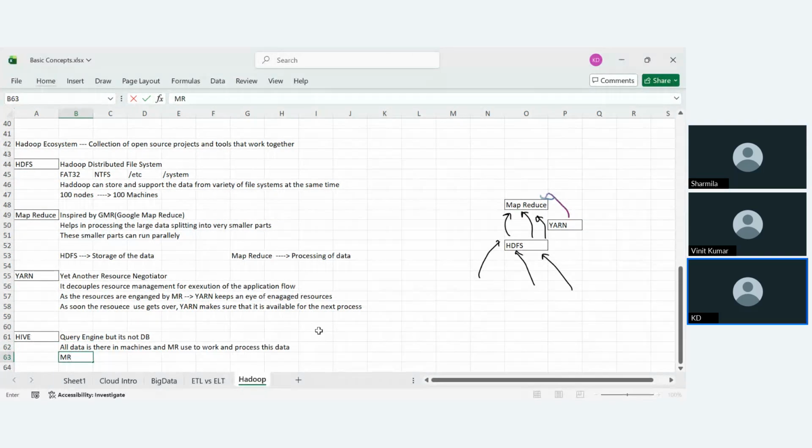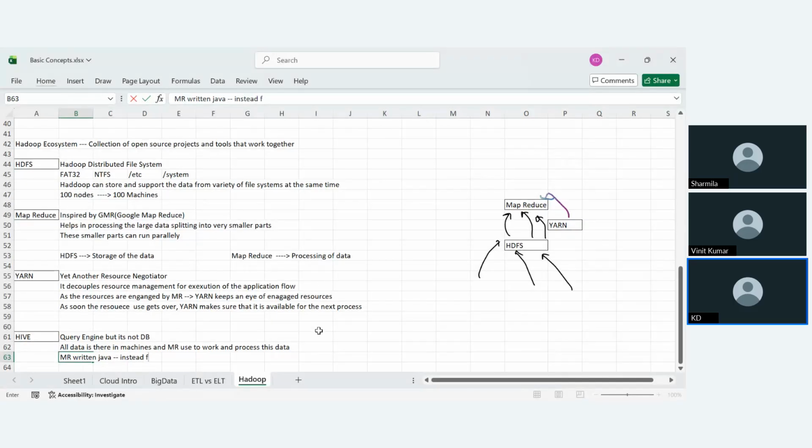MapReduce was written in Java, and because of the complexity involved with Java, many people were not comfortable using it very frequently.